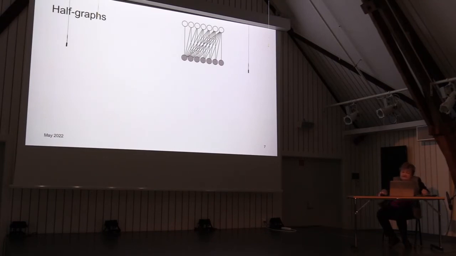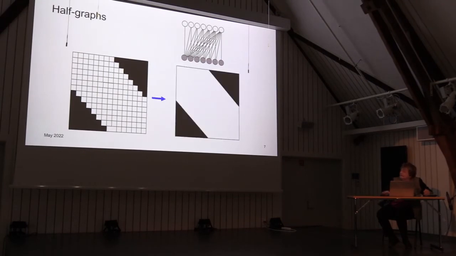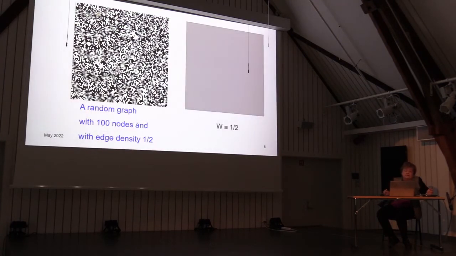Then this has this pixel picture like this, and when n goes to infinity, it will go to this picture. Another example: if I consider the random graph on 100 nodes, say, we have this kind of pixel picture, and as n goes to infinity, it will be a kind of constant gray with 1/2 value.